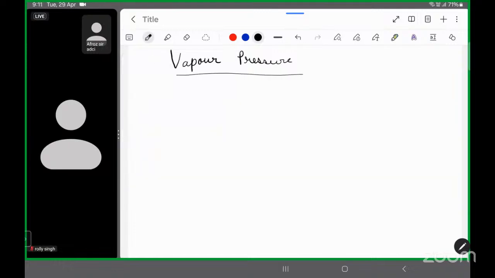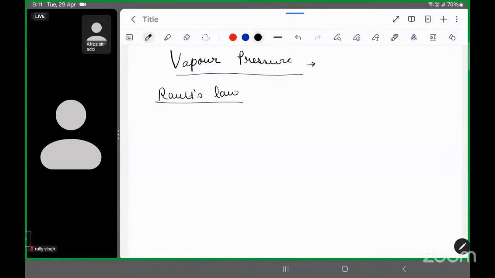Vapor pressure. Okay. And do you know what is vapor pressure? Vapor pressure is the pressure of saturated vapors exerted on the surface of solution. Right? Then we have seen Raoult's law. Do you remember Raoult's law?